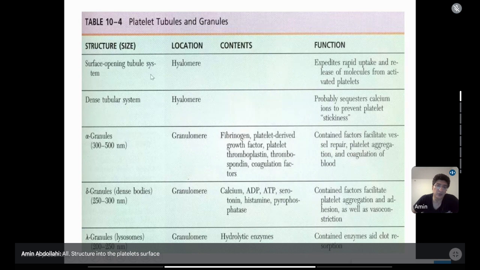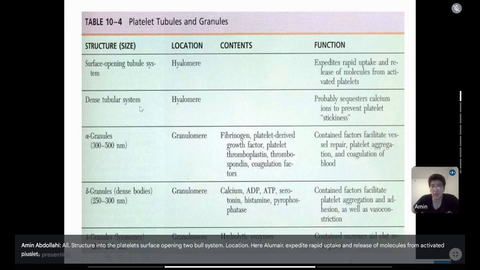Surface opening tubule system, location hyaluromer, expedites rapid uptake and release of molecules from activated platelets. Dense tubular system, probably sequesters calcium ions to prevent platelet thickness.